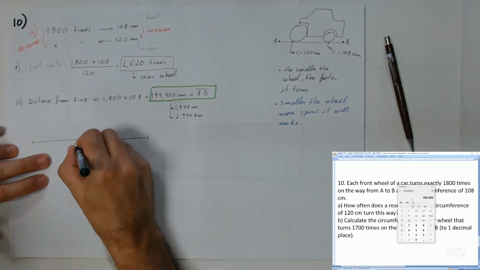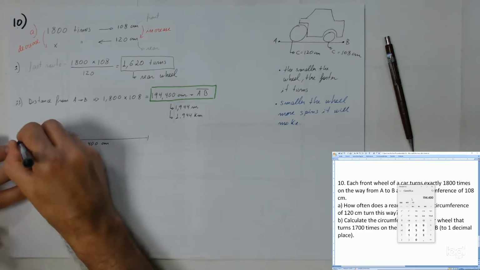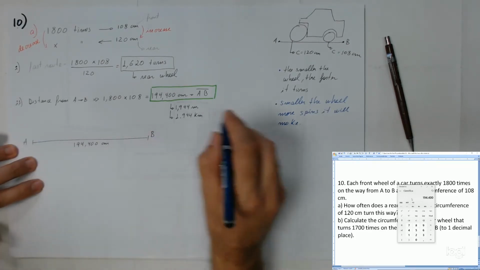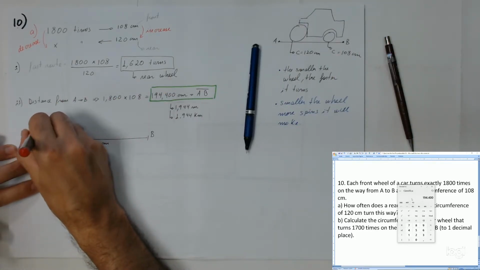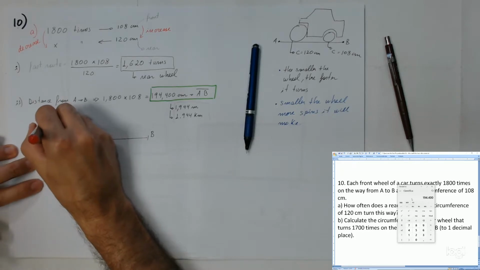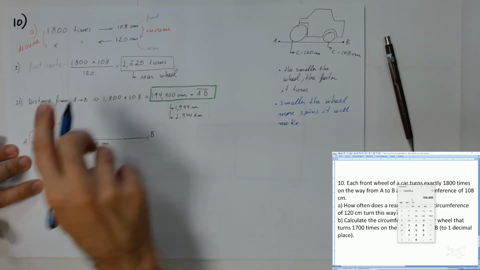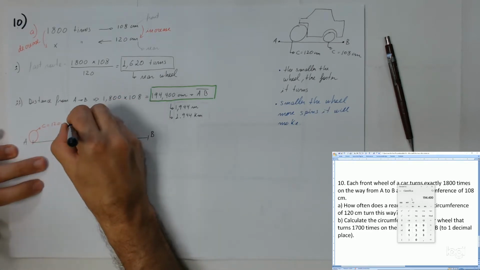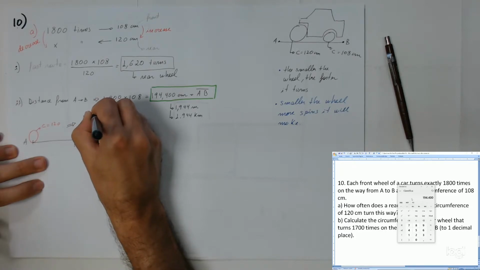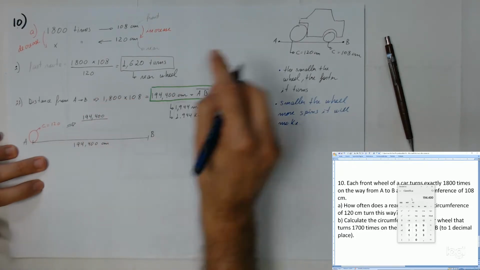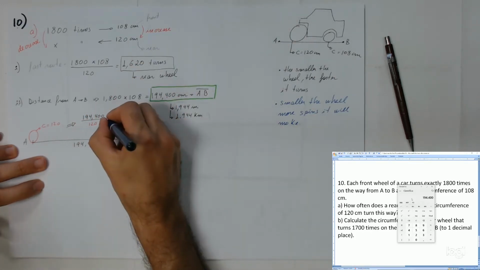So 194,400 centimeters. This is the distance between A to B. Now we have our wheel that has circumference equal to 120. Well, how many turns is it going to make? 194,400 divided by 120 centimeters, right?